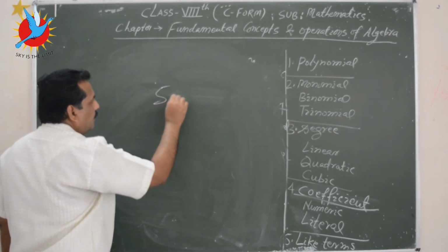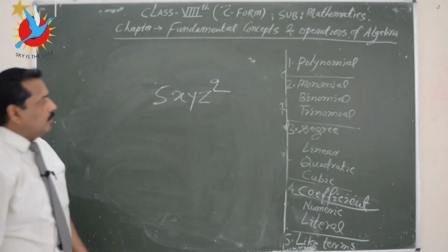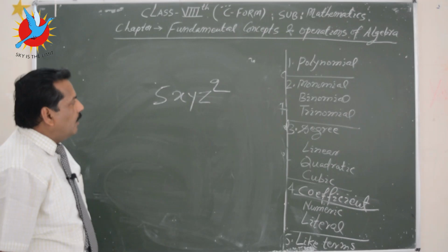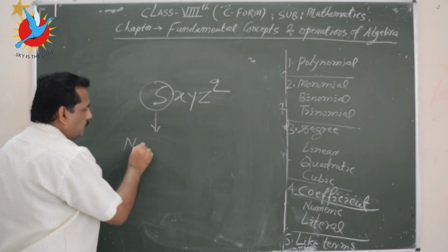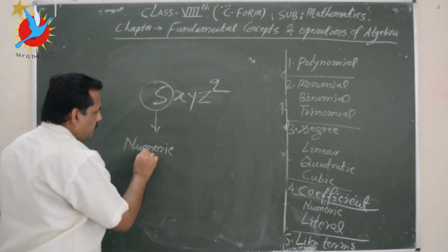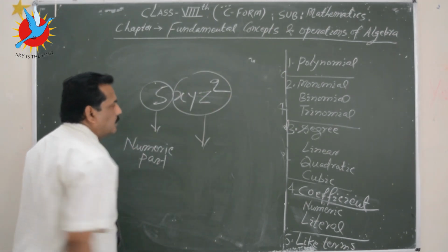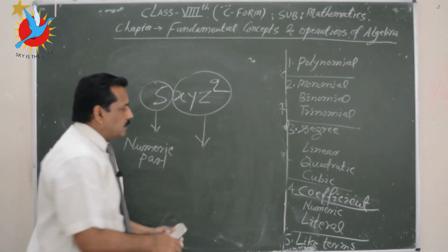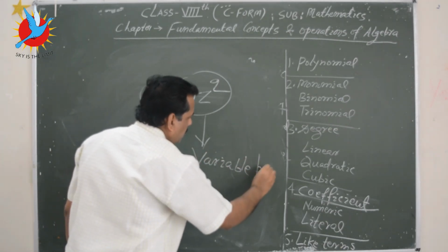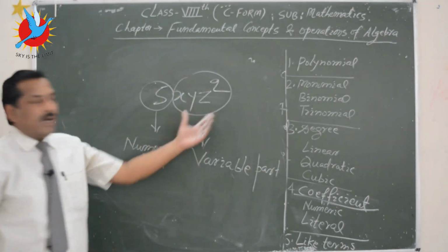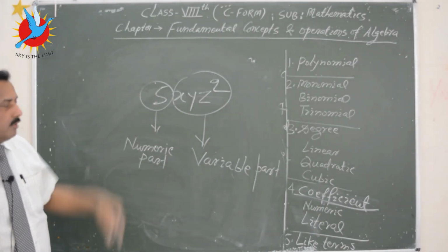This 5xyz². So this is a term of a polynomial. It has two parts. This is the numeric part, and this is the variable part, because all the variables are there. This is the numeric part, meaning a constant is there.